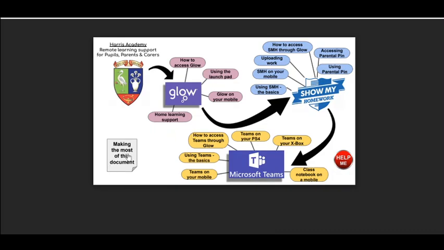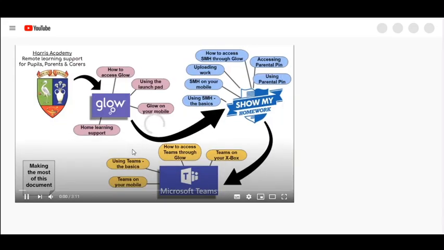So if you scroll over it, at the start you'll see making the most of this document just down in the bottom left hand corner, and if you were to click making the most of this document, what happens is it just opens a video on YouTube, which is an explanation of how you would use this particular document.